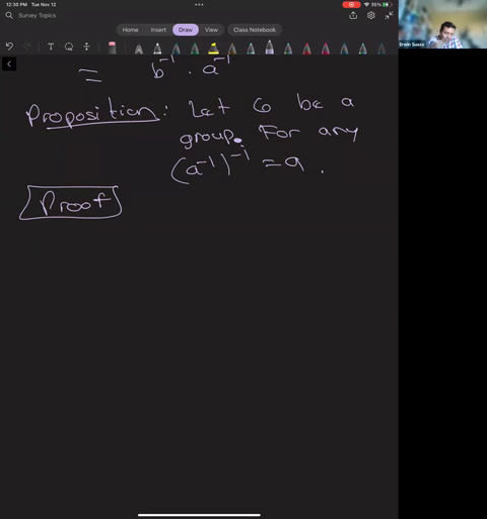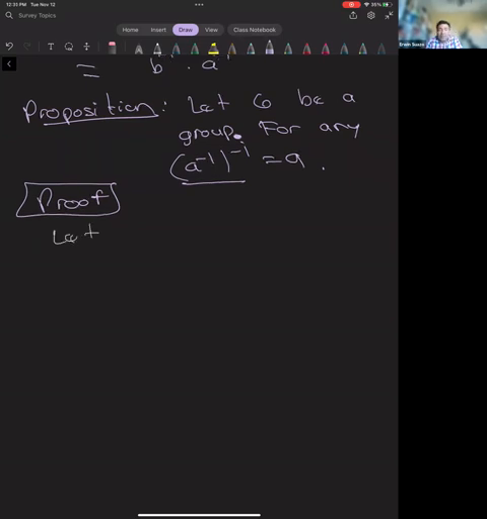So again, this is just notation. So what I'm saying, let K, that's the way I'll do it. Let K be the inverse of A inverse. Okay.